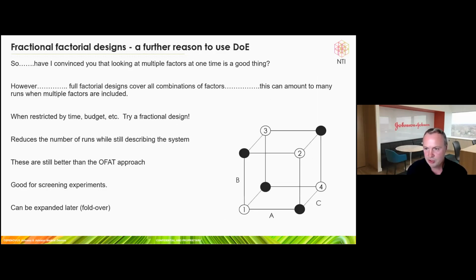But what you can do is create fractional designs where instead of running all of the corners of your experiment, you deliberately knock out a few. So here we're knocking out the black corners of our experiment, and that still allows us to predict something.